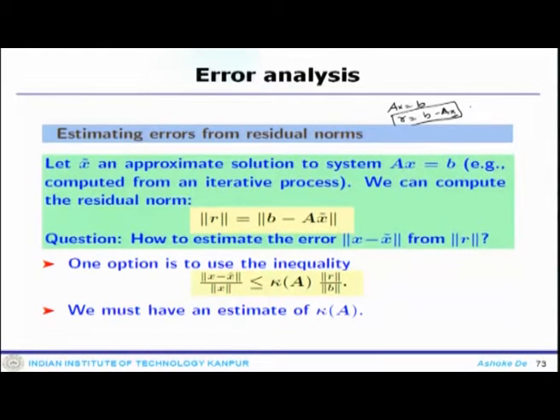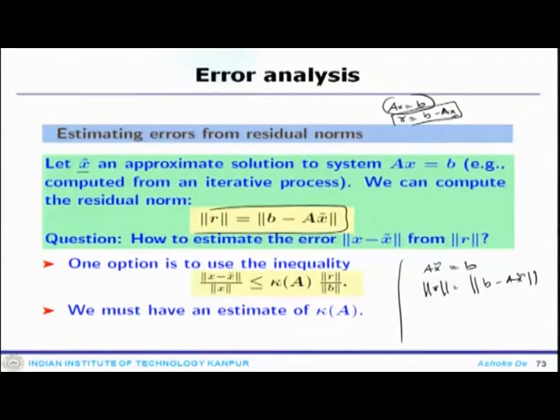Let us say x prime is an approximate solution. We are trying to find A x equals b, and x would be the exact solution. So, let us assume x prime is the approximate solution, and then we can compute the norm of the residual, which would be the norm of b minus A x prime. Okay.